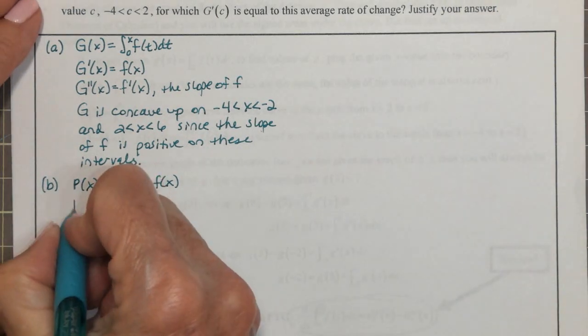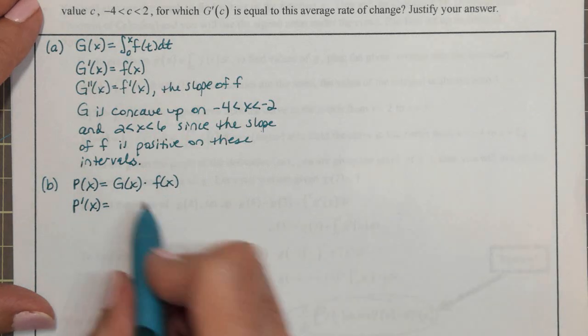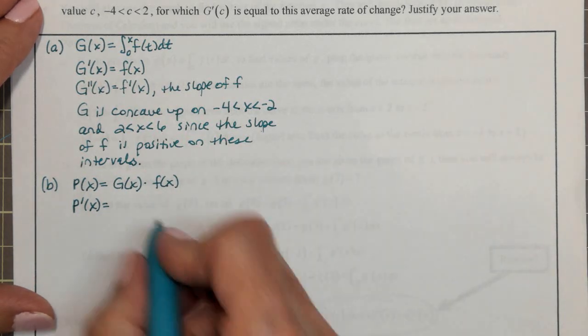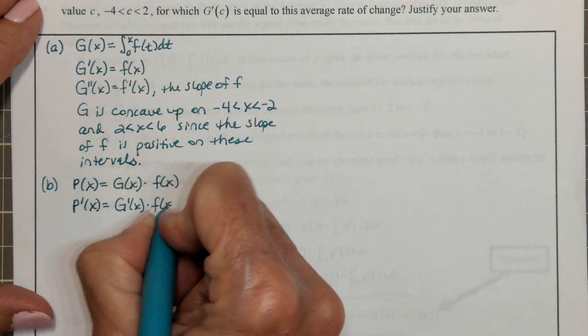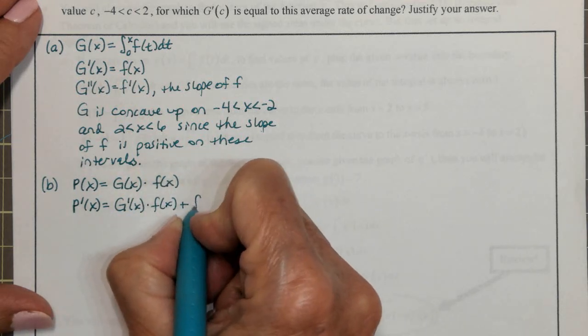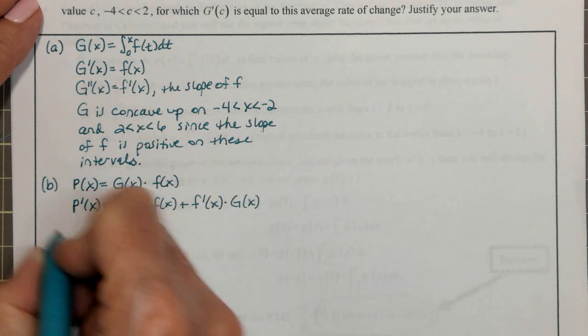So first I'm going to find P prime of X. I need to use the product rule because I have a product. So G prime of X times F of X plus F prime of X times G of X.